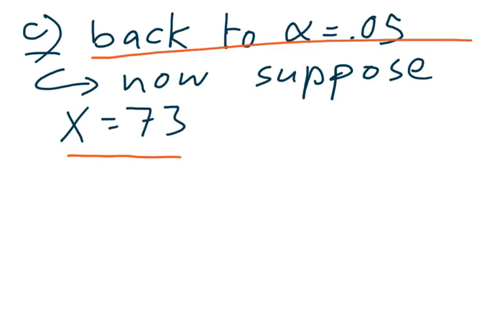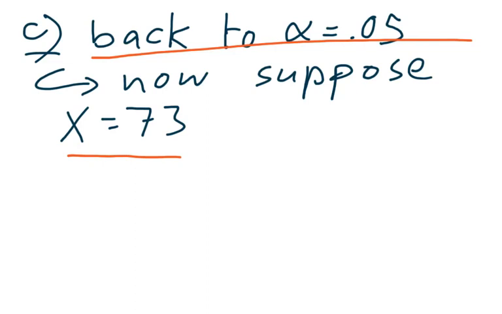So what I mean by that is the same information, but instead of finding 63 attorneys who had used some form of advertising out of this sample of 200, let's suppose that we found an even larger amount. Let's say we had 73 attorneys, and we still wanted to test this same claim.